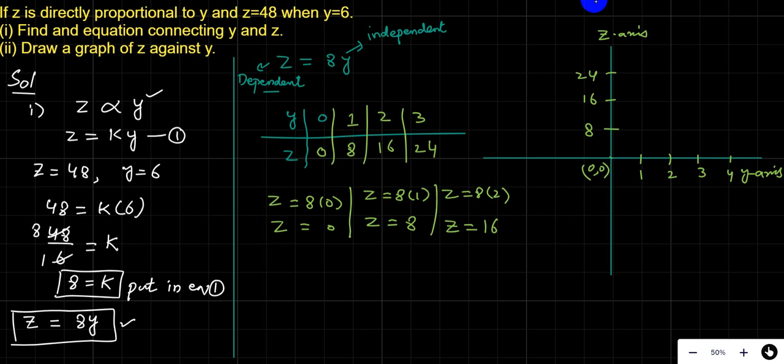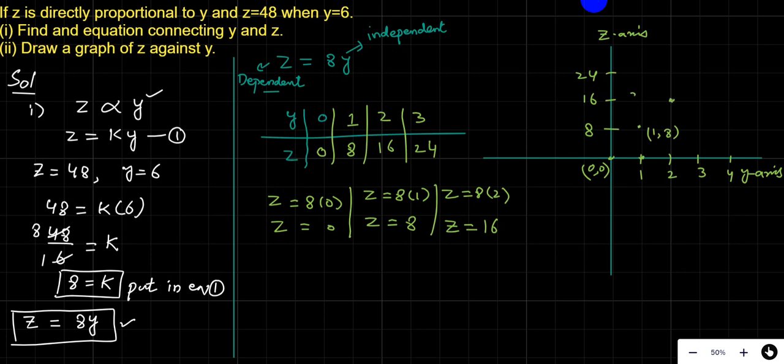Now the first point is 0, 0. When y is 0, z is also 0. If both points are 0, then that will be the origin here. Then when y is 1, z is 8. So against 1 we will go up to 8. So this will be the point, we can mention here 1, 8. Then the second point is 2, 16. This is the exact point.